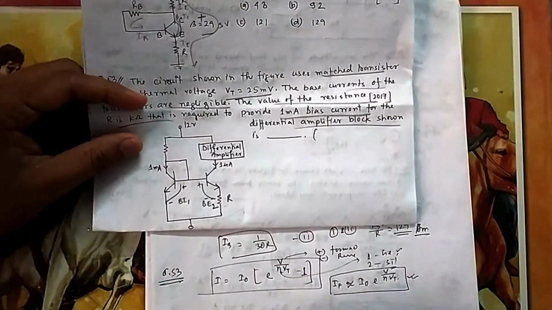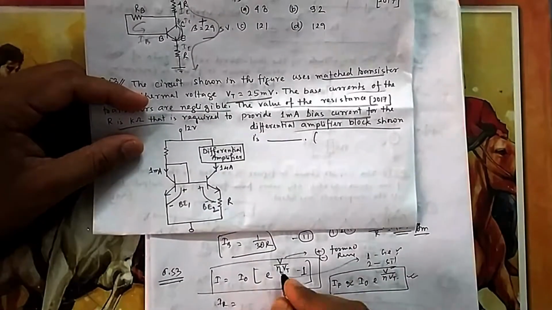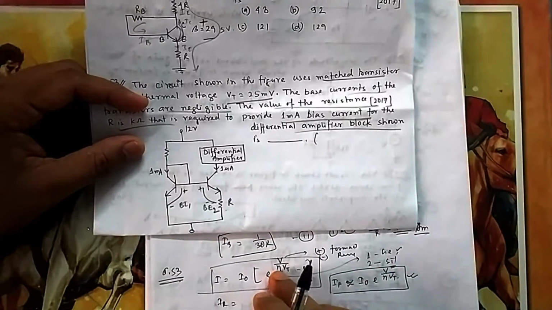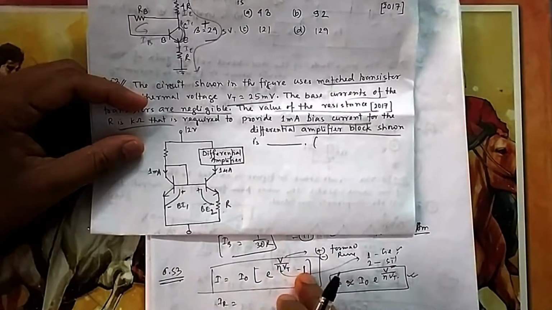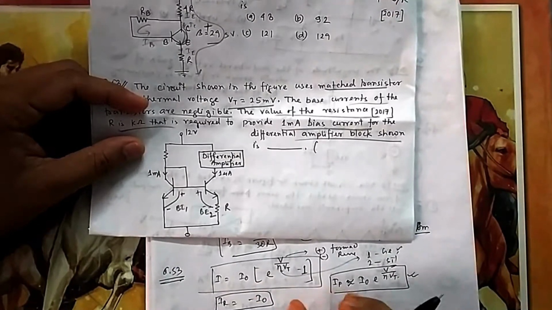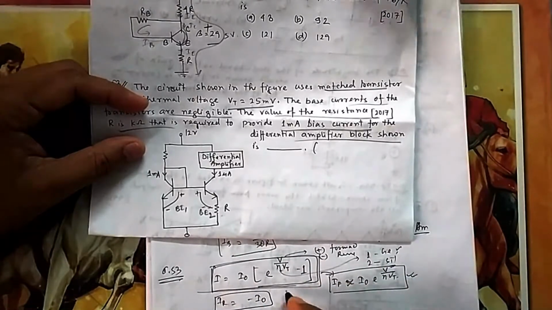In case of reverse bias, this exponent becomes very small because it is negative, so it becomes 0, and the minus 1 becomes dominant, so it becomes minus I0. This is the original, actual formula, and we can simplify it in two versions. For forward we assume this one, for reverse we assume this one.